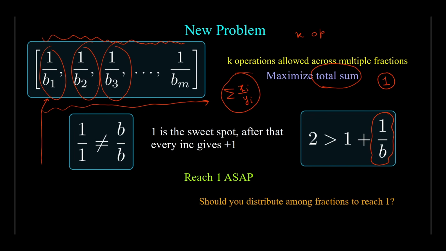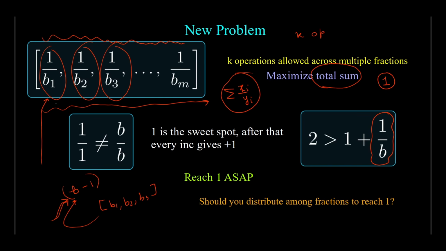There are multiple fractions. So then you can notice that each one takes b minus 1 times to reach 1. So therefore the minimum value of b, if you have this array b1, b2, b3, etc., then the minimum value of b will be the candidate that will lead you to reaching 1 faster.